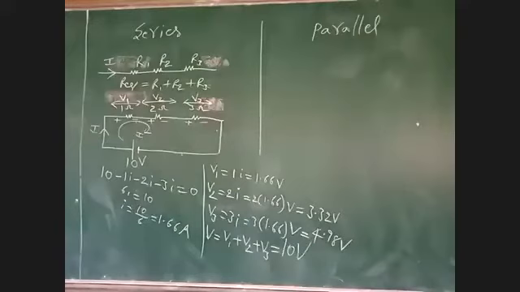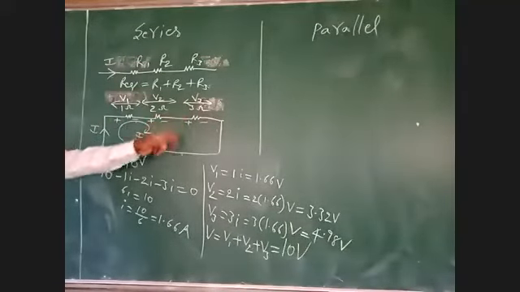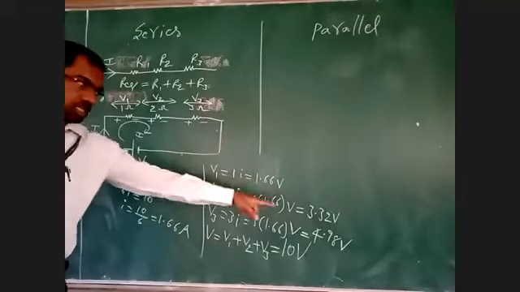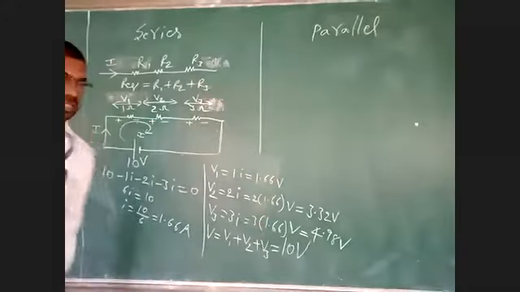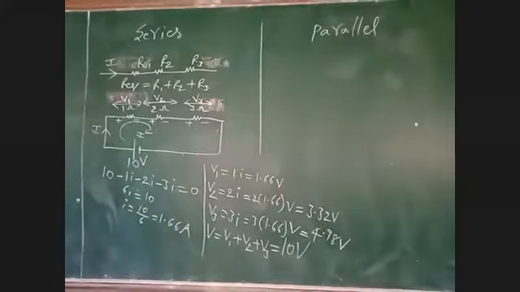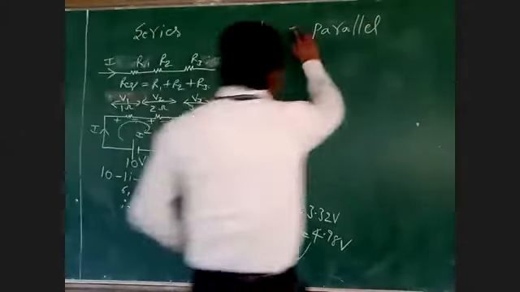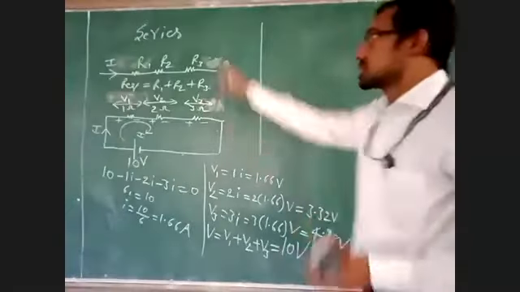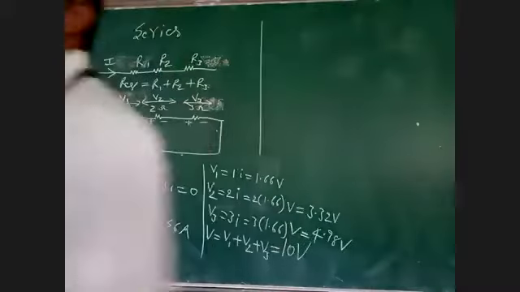So here current is the same, but voltages are divided as 1.66, 3.32, 4.98. Like this, voltage is divided. That means in series, we will apply the voltage divider rule.